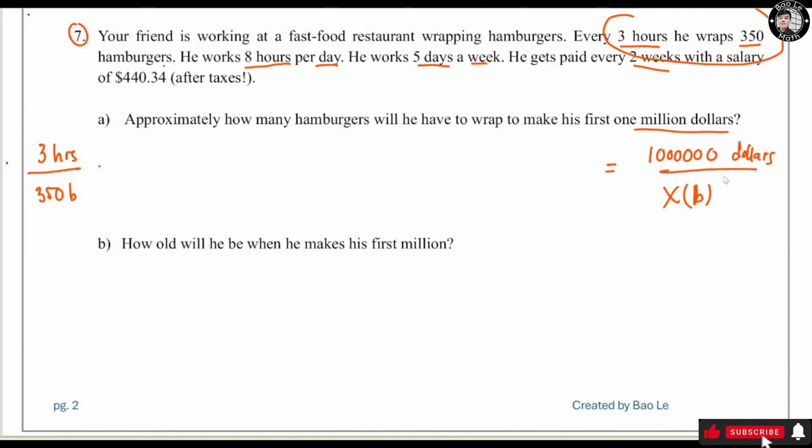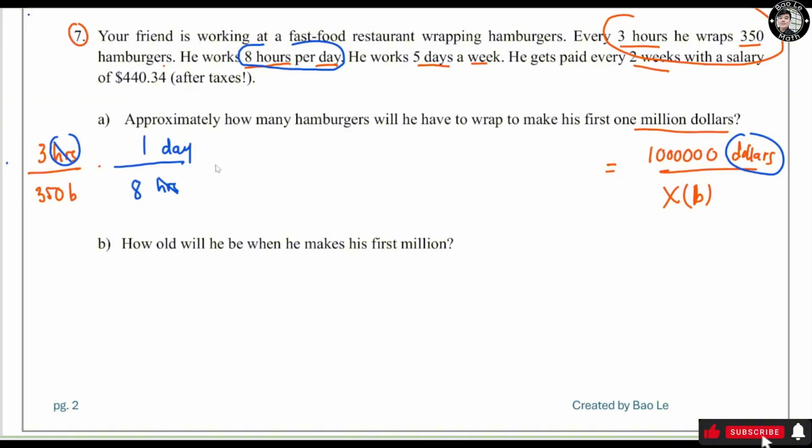Now look at the top, we need dollars, but we have hours right here, so we need to eliminate this one. We're going to use the conversion factor right here, 8 hours per day. So we put hours here so that this cancels out, and we put day on the top. So we have 8 hours per 1 day.